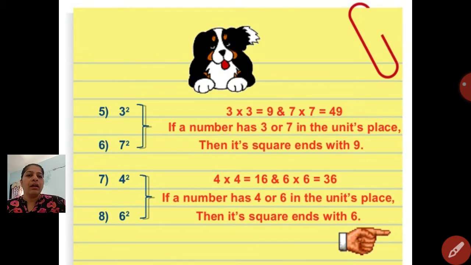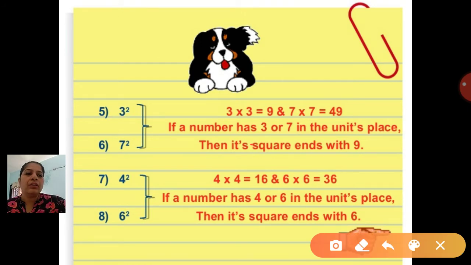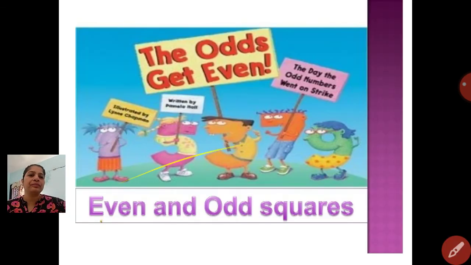If a number ends with 3 or 7, the square ends with 9. If a number has 4 or 6 at the unit place, its square ends with 6. In this way, we have seen that for 5 it will be 5, and for 0 it will be zeros.